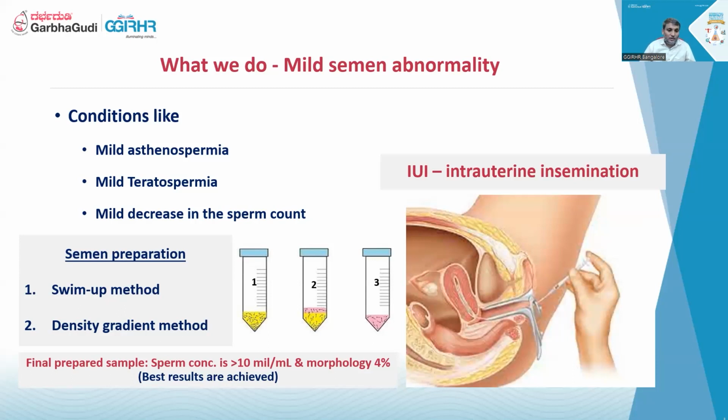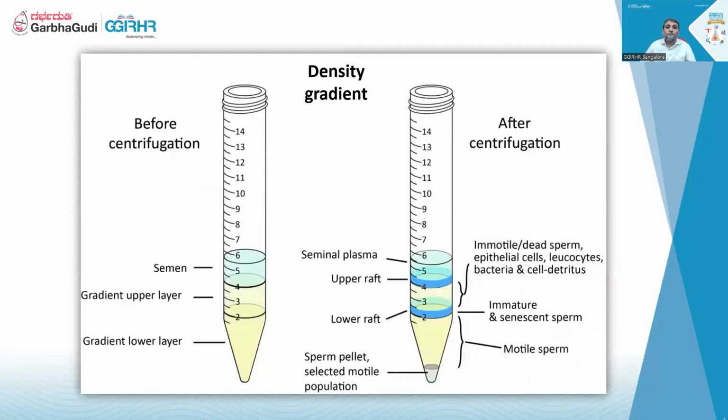How to prepare the semen sample is a separate topic. We usually prepare by the swim-up method and density gradient, each with its own protocol. If the finally prepared sample has more than 10 million per ml and morphology is 4%, the best results can be achieved through IUI.